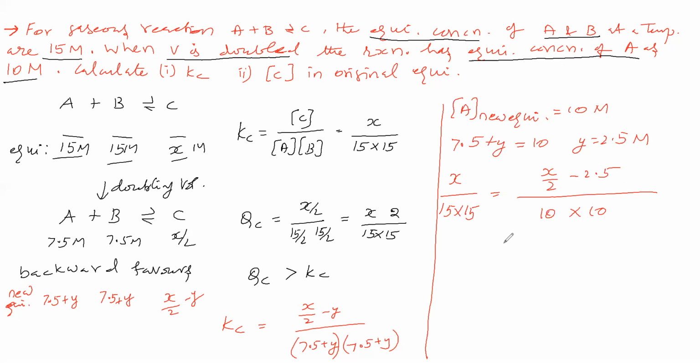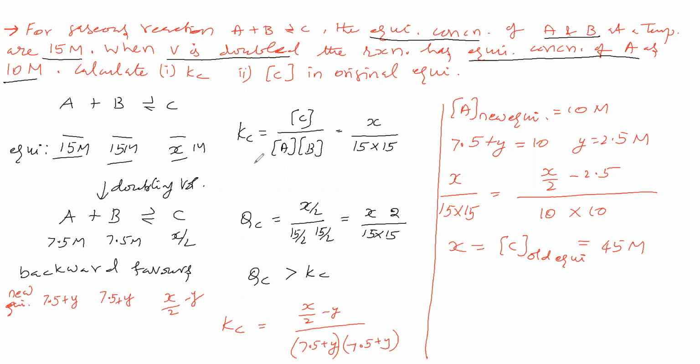By solving this we can get X. This X is the concentration of C in the old equilibrium, that means before giving stress, before doubling the volume. The concentration of C in the old equilibrium, in the first equilibrium, we got as 45 molar.